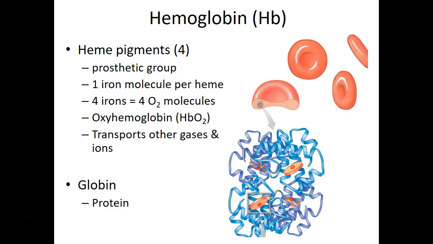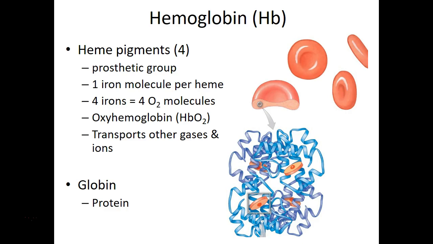Now, each hemoglobin molecule actually has 4 protein chains. So we have globins that are the protein chains: a globin here, a globin here, a globin here, and a globin here.